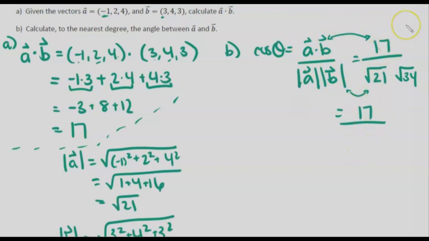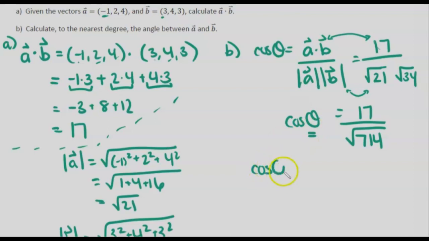So the 17 we're going to keep in the numerator. In the denominator, because these both are roots, we can multiply them and we get root 714. Our question is calculate to the nearest degree the angle between vector A and vector B, so we're not done because we need this actual angle.